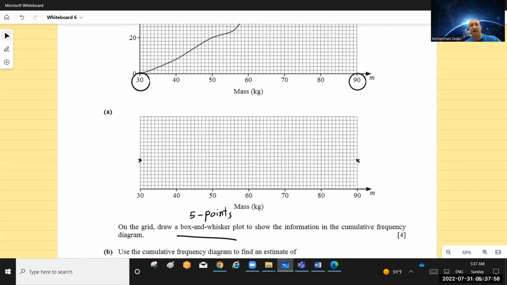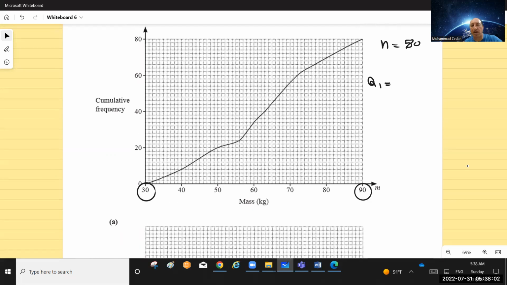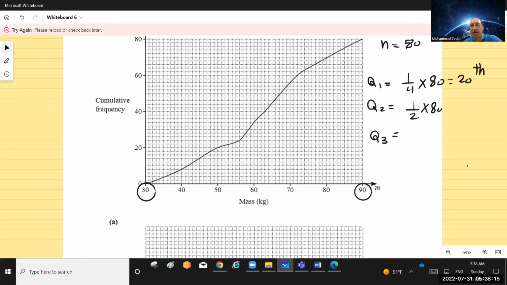After that you need to find the lower quartile Q1, the median Q2, and the upper quartile Q3. Q1 is 1/4 of 80, which is the 20th value, Q2 is 1/2 of 80, which is the 40th value, and Q3 is 3/4 of 80, which is the 60th value.